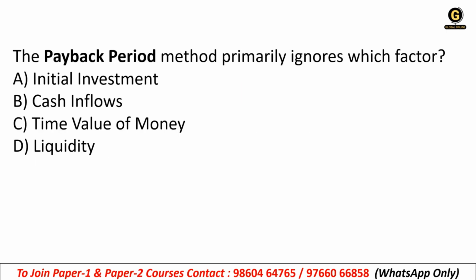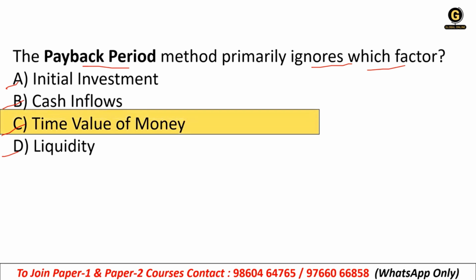Clear? Next, this question is on the payback period. This is one of the techniques of capital budgeting, right? So the question is, the payback method primarily ignores which factor? Initial investment, cash inflows, time value of money, or liquidity. So what is it? It is time value of money.